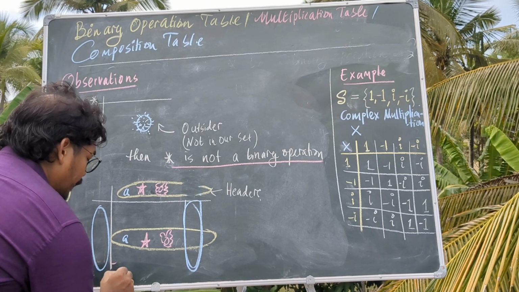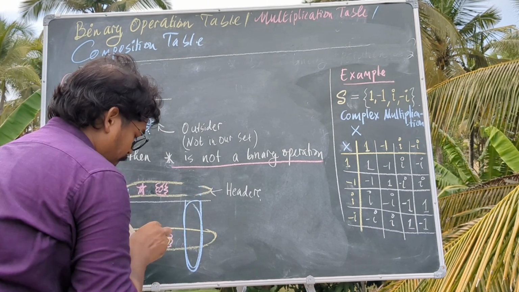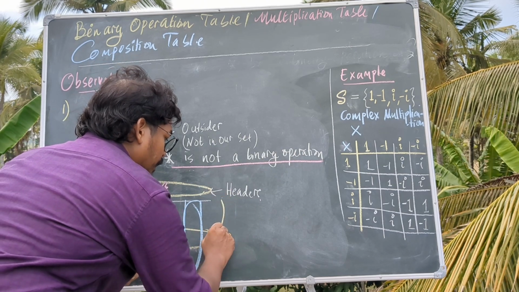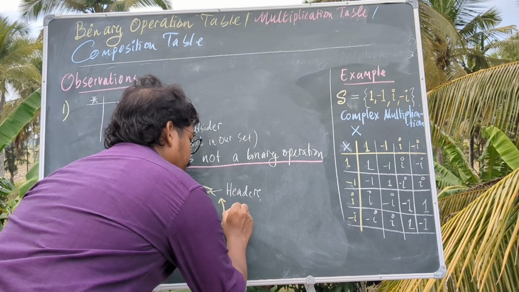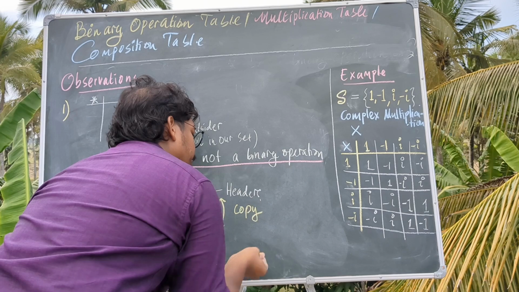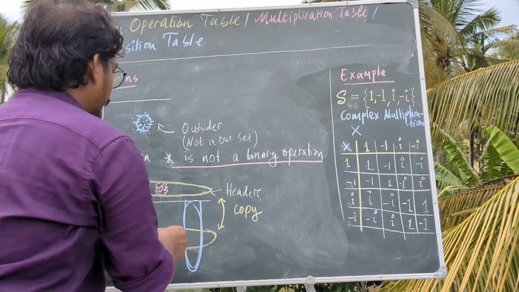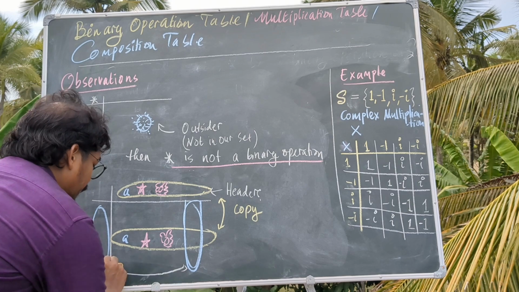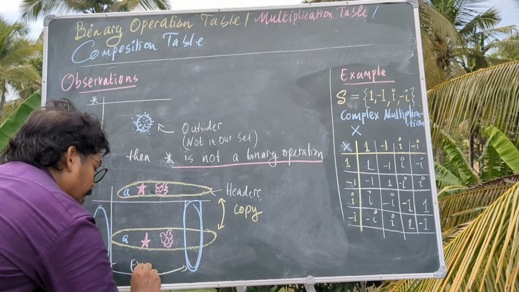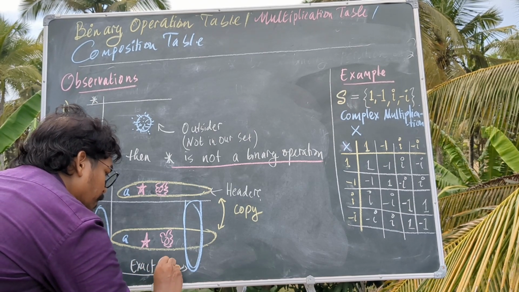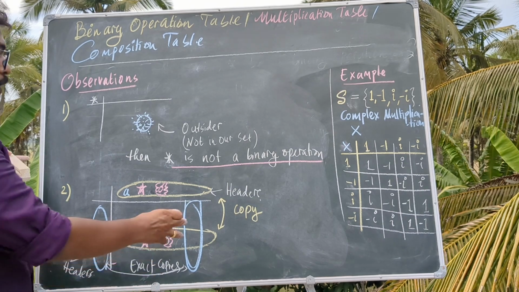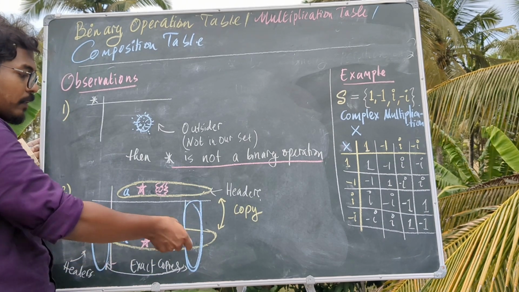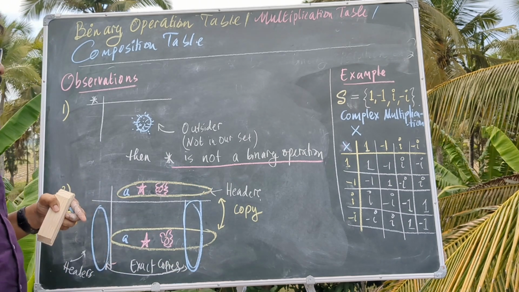This is an exact copy. This one is the same as this one, and this column is the same as this. These are exact copies. This column is the same as this column, the header column, and this row is the exact copy of the headers.